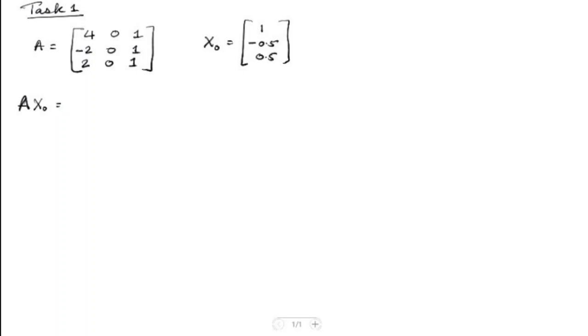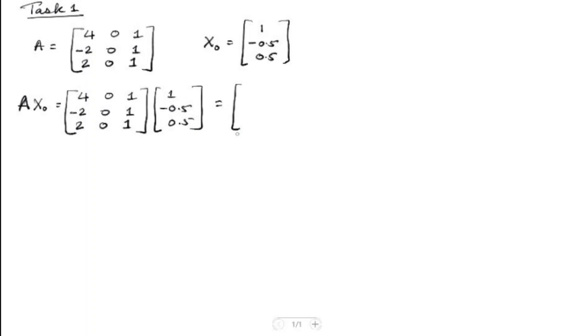So that will give us A times x0, which is 1, minus 0.5, 0.5, and multiplying them both will give us y1, which is 4.5, minus 1.5 and 2.5.